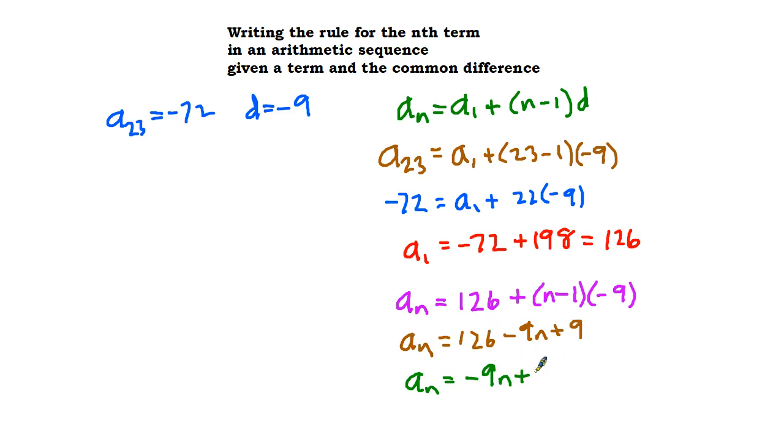I think that is 135. And voila, we did it. We accomplished our goal. We were able to write the rule for the nth term, a sub n, in this arithmetic sequence. And so if we wanted to, we could actually write out a bunch of terms in the sequence.